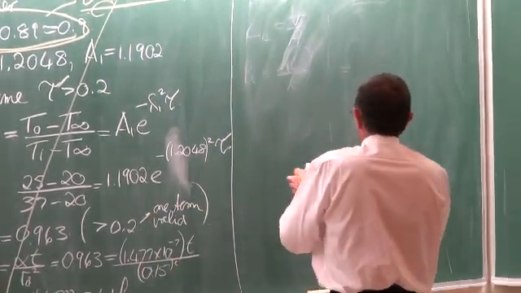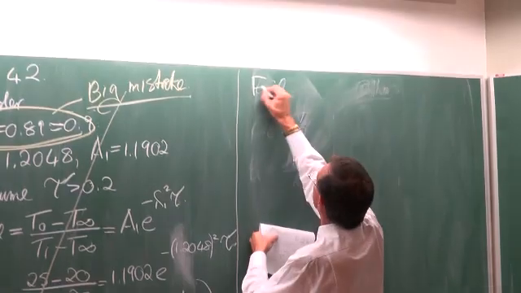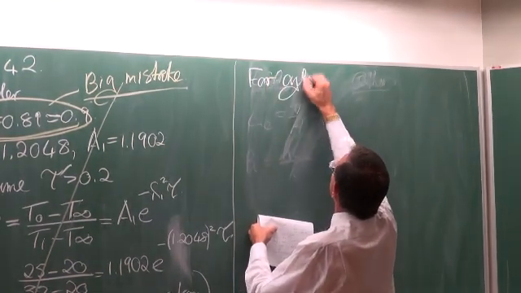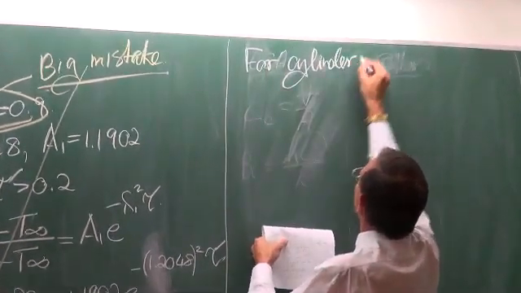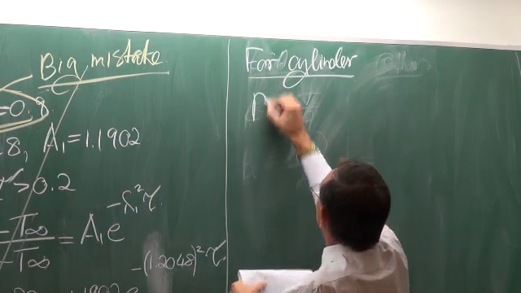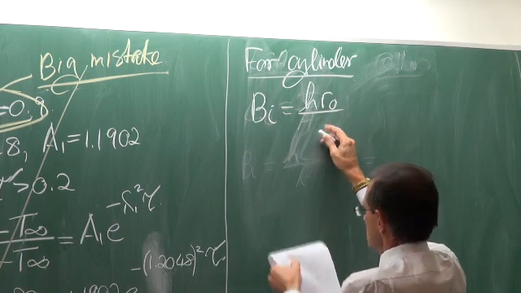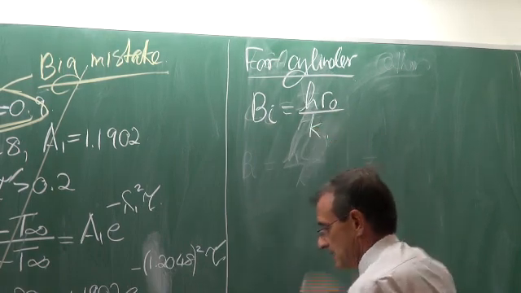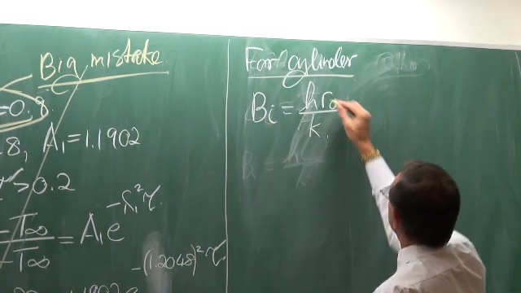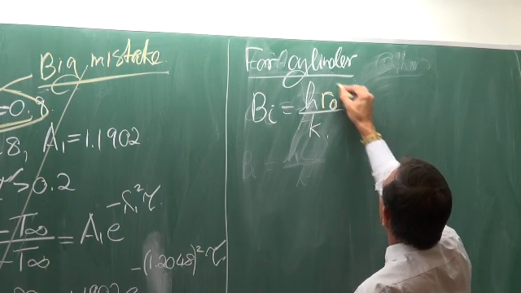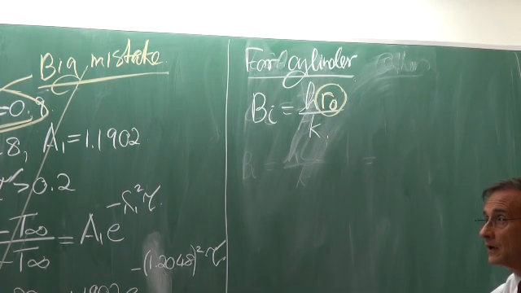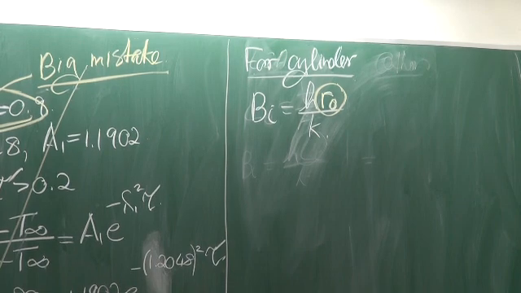So, for a cylinder, the Biot number should be calculated as the heat transfer coefficient multiplied by the radius divided by the thermal conductivity, and not on the characteristic length.